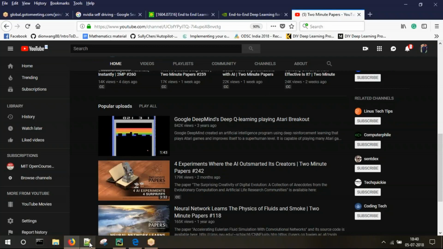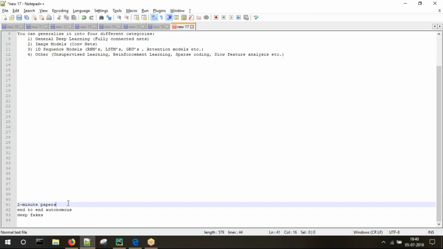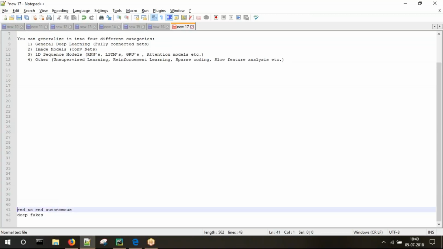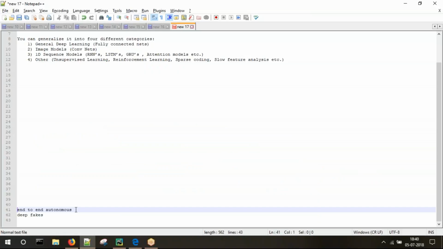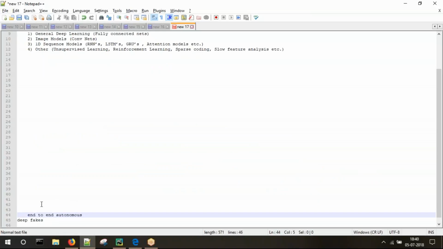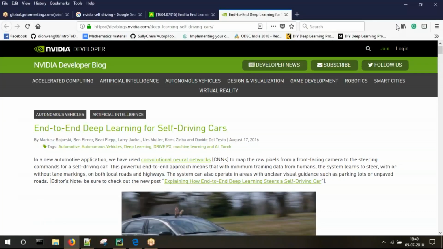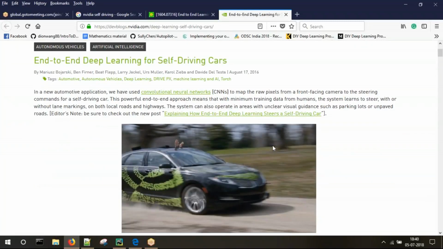Okay, so moving on, a couple more projects that I am actually working on, and I think these are very interesting, and these are related to image classification. This is end-to-end autonomous driving, which is actually provided by NVIDIA.